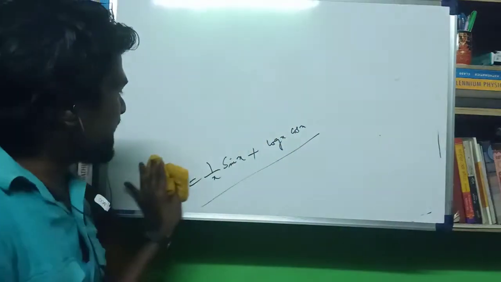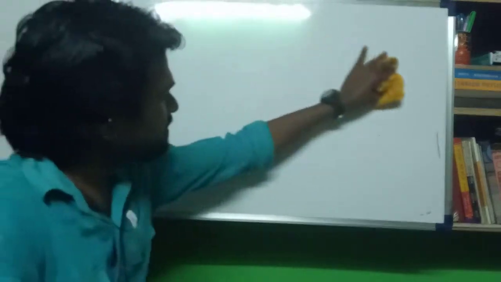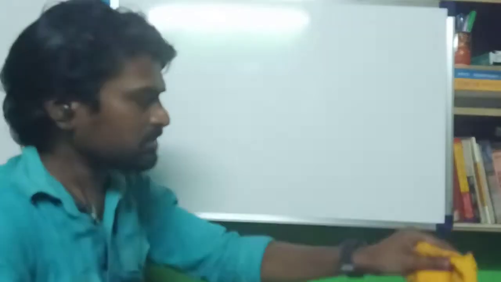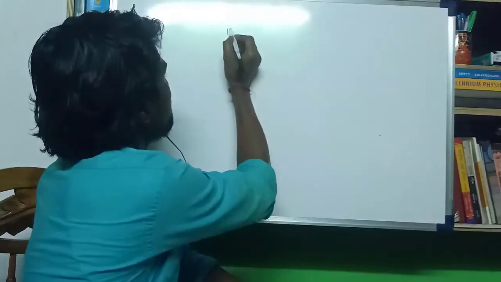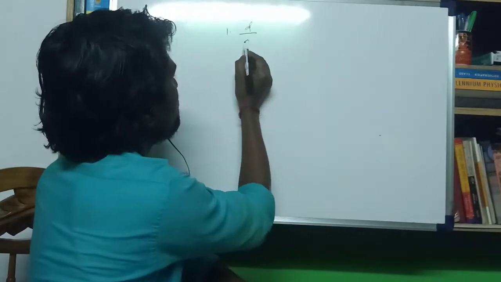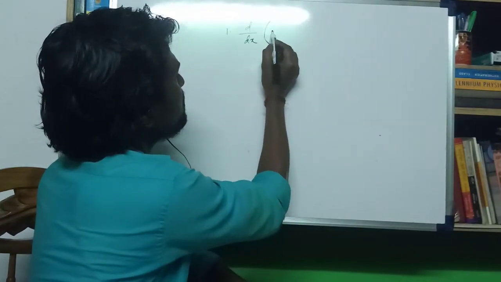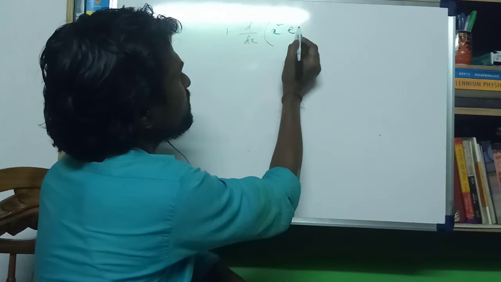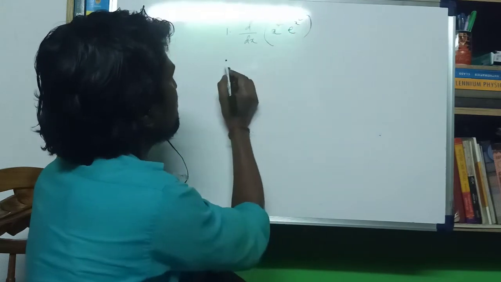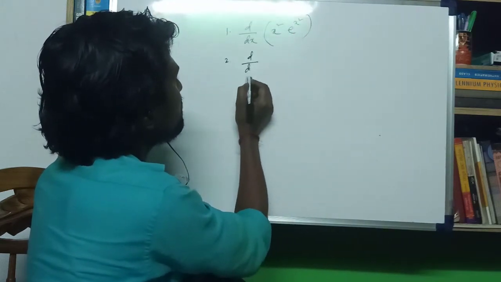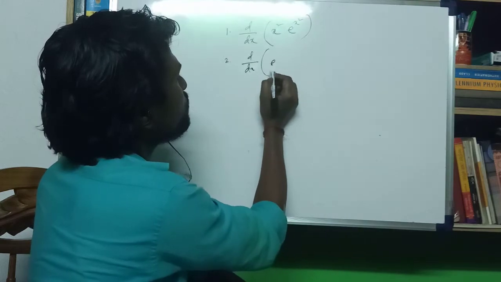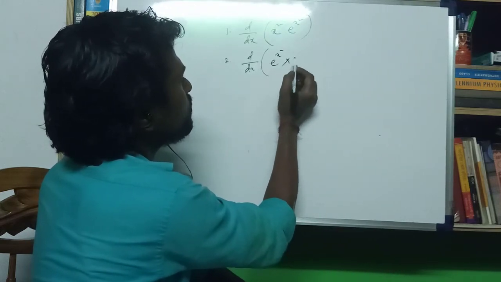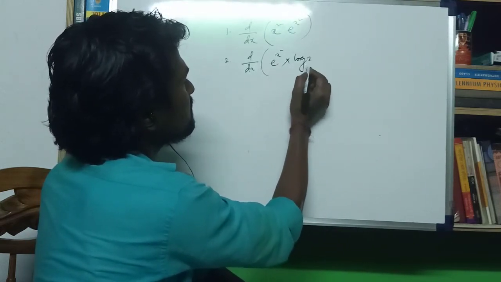So we practice another such type of examples. Suppose example 1, d/dx of x square into e to the power of x square. Second, d/dx of e to the power of x square into log x.